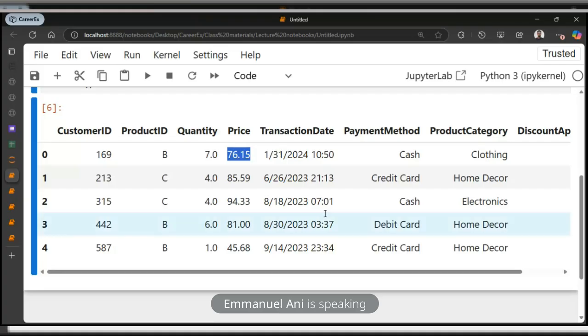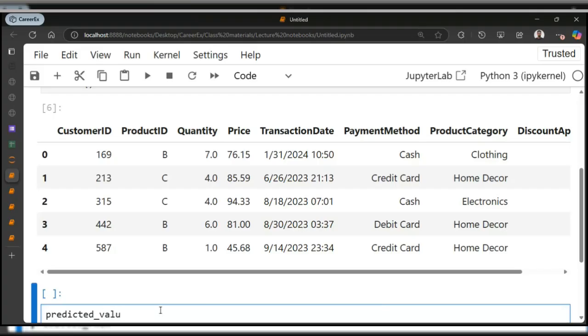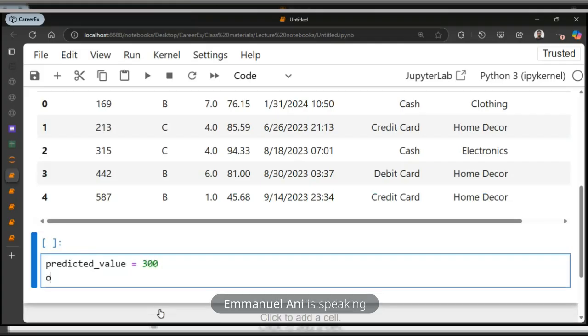Let's assume the predicted value is, let's say, 300, and let's say the true value is 76.15.